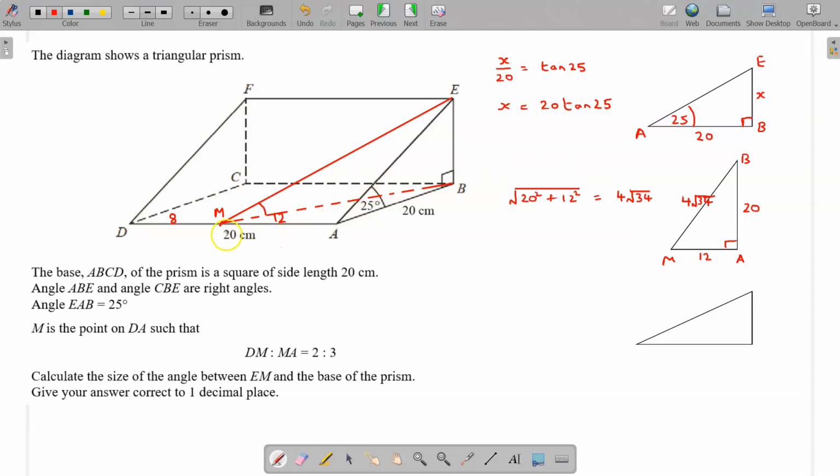So finally, I can take that length MB, which is 4 root 34, and now look at the triangle that I'm working with, because this is the angle in here that I want. This is M, this is now B, and this is E. We know that this height here is 20 tan 25. And we know that this base here is 4 root 34.